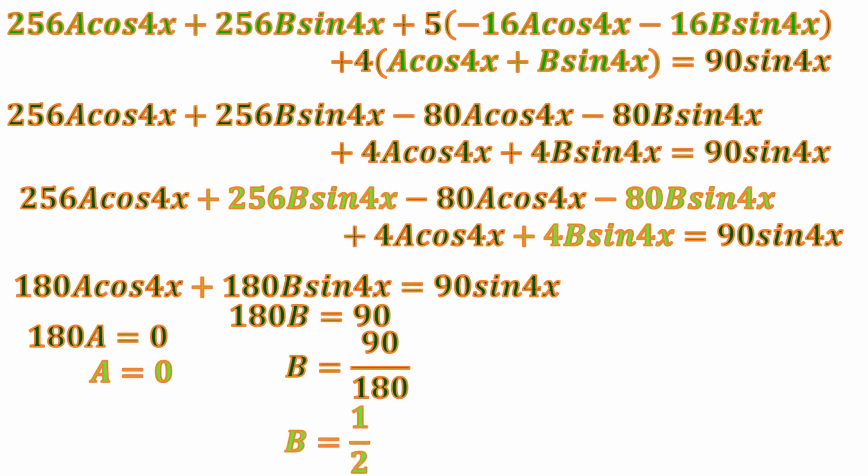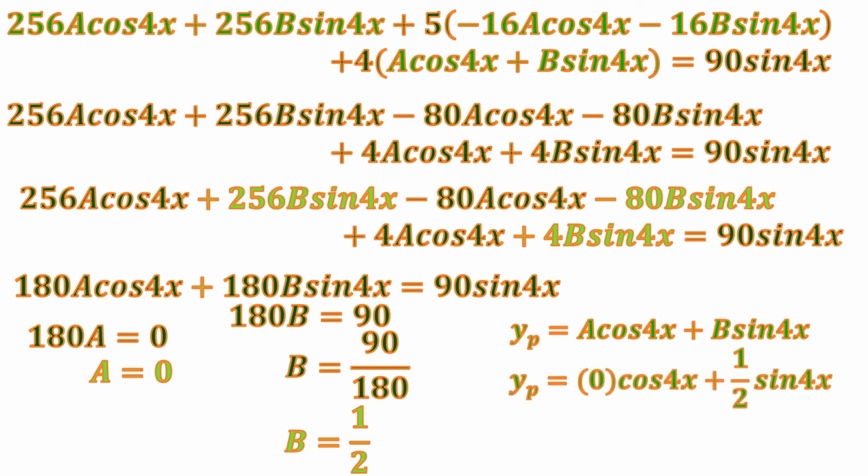Reduce it, b is 1 half. And so our yp now can be changed into real numbers. We have 0 and 1 half for a and b. So 0 times cosine 4x is gone because it's times 0. So what's left is 1 half sine 4x. So that is our yp.